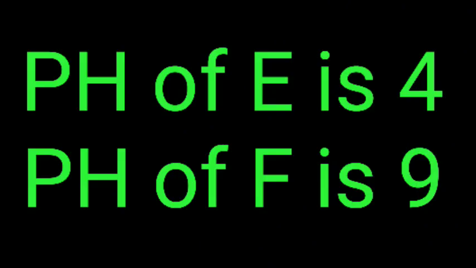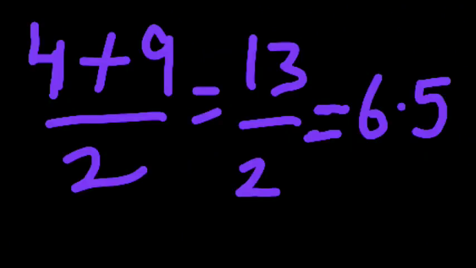If the question is given like this: the pH of solution E is 4 and the pH of solution F is 9, then what is the nature of the salt obtained in the neutralization reaction between these two? 4 plus 9 is 13, by 2.